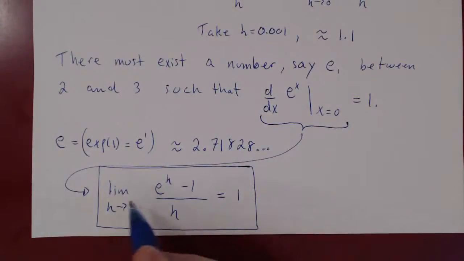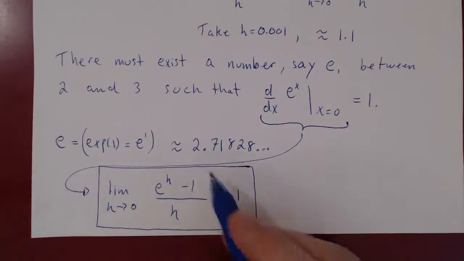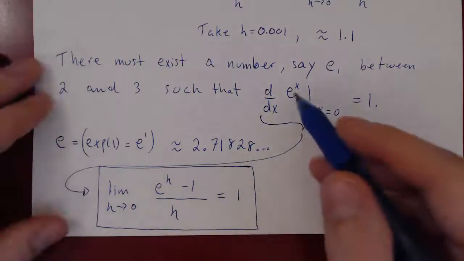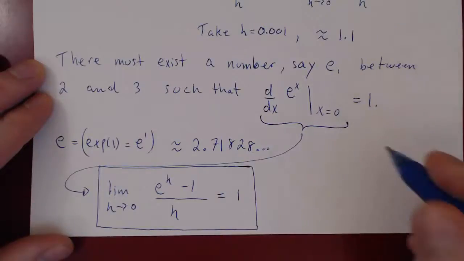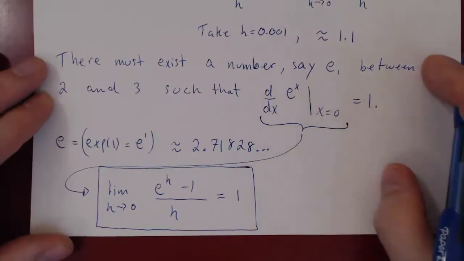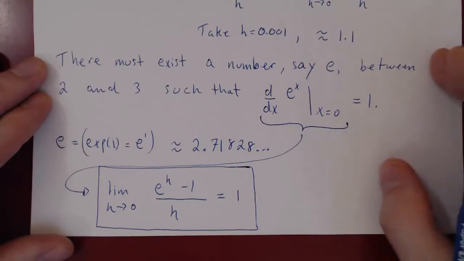Now let's see with the help of this limit if we can find the derivative of e to the x at any other given value of x other than just 0. And what we'll find is actually quite interesting. Let's recall what we have right now.